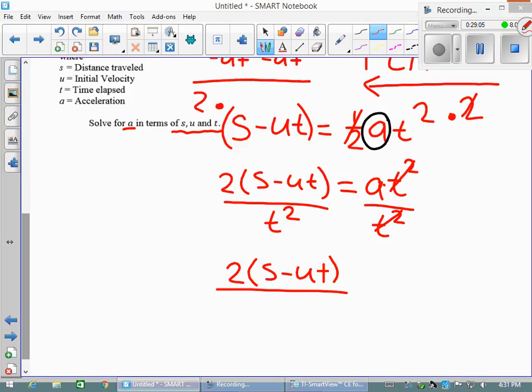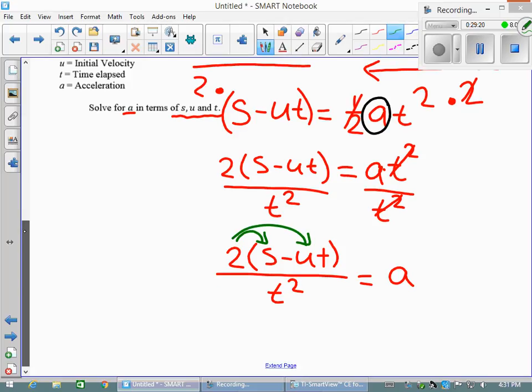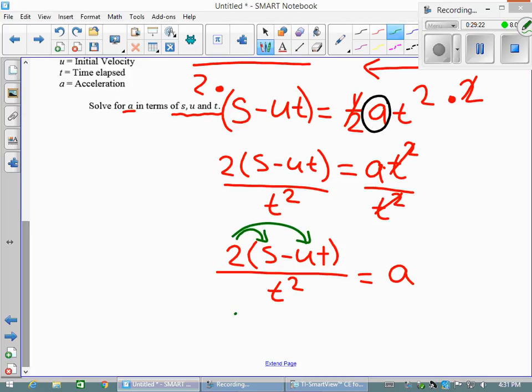Another way that you could have written this is, if you wanted to, distribute this 2 into the s and the ut. So you could have had 2s minus 2ut all over t squared, and that would also be an equivalent equation for what your value of a would be.